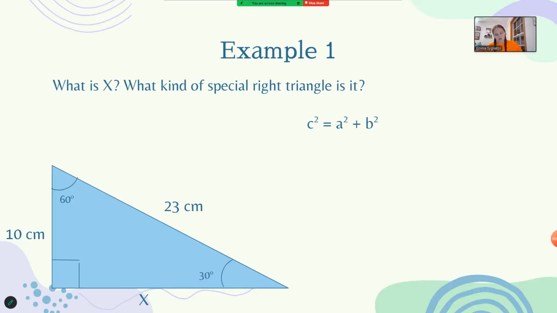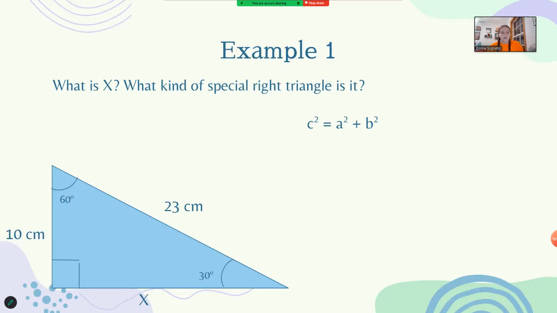So we got the equation right there, c squared equals a squared plus b squared. Now, we got to locate which number goes in which. And c, again, is the hypotenuse. So we can see that the number 23 is in the spot for c. So we substitute c for 23, put that to the power of 2.